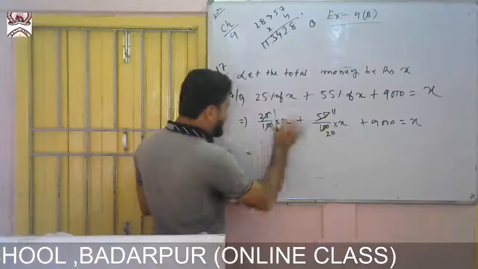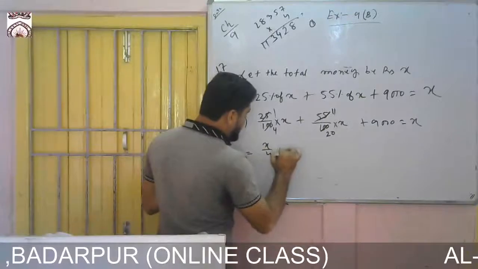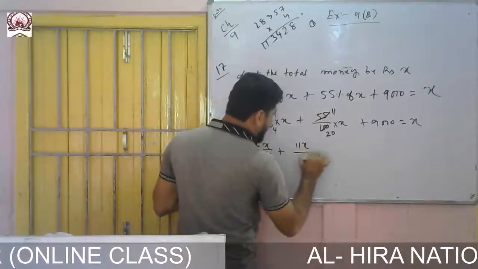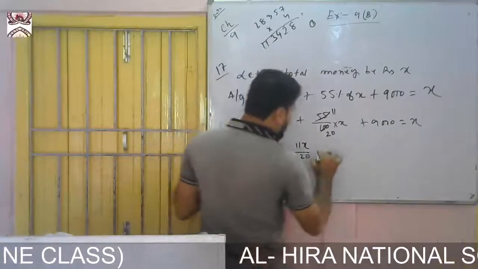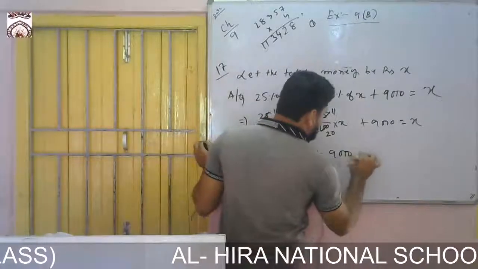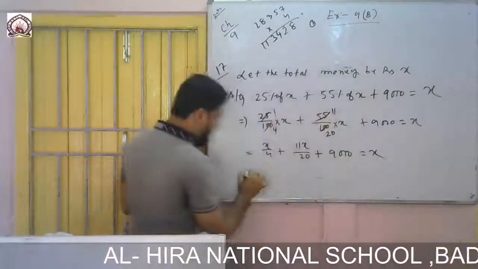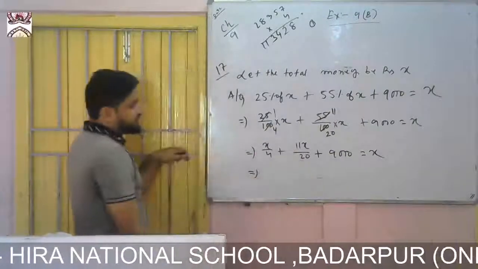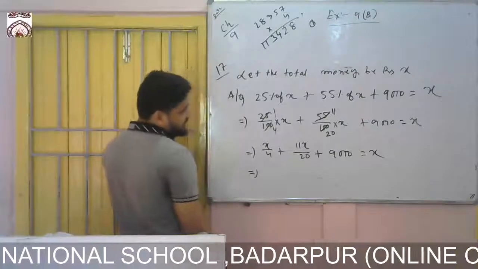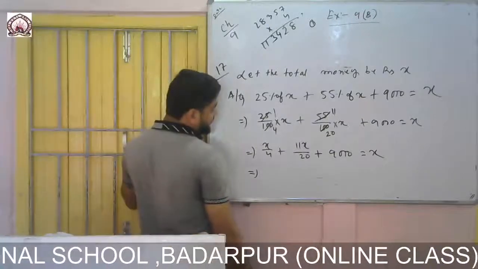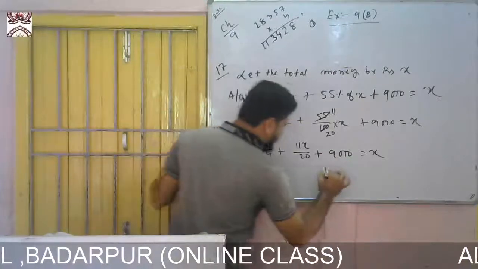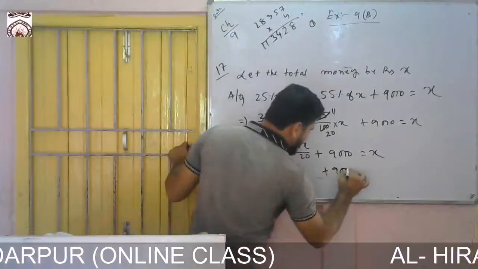So now you can write X by 4 plus 11x by 20 plus 9,000 equals X. Now if I take the LCM of this part, you just keep this part exact and just solve this part.